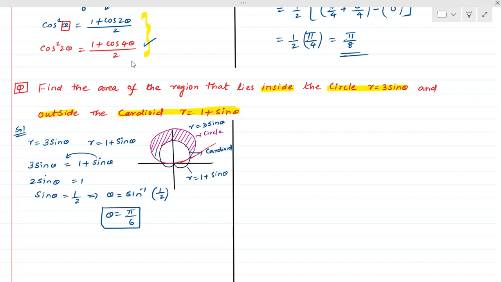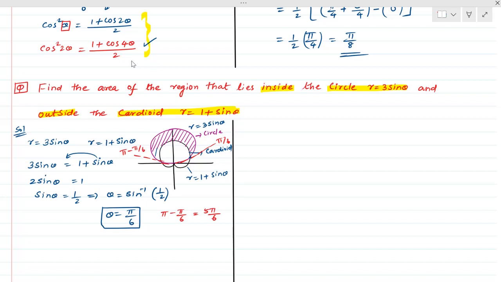Now in order to calculate the second angle, since it is in the second quadrant, I subtract from pi. So pi minus pi over 6 is equal to 5 pi over 6, which is equal to 150 degrees.